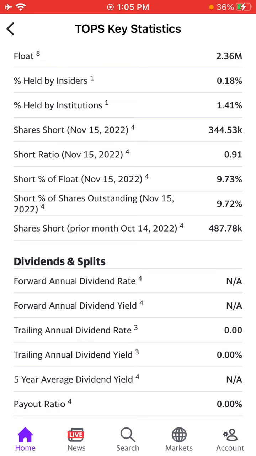So in this case, the float is a little less than the shares outstanding.